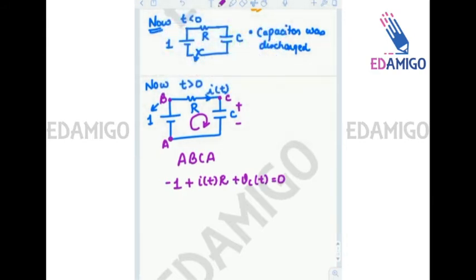We know that the voltage across the capacitance is 1 upon C integral of the current. So it is minus 1 plus i(t) into R, where R is 1 minus t by 3, plus v_C(t), where v_C(t) is 1 upon C integral i(t) dt, that is 0.